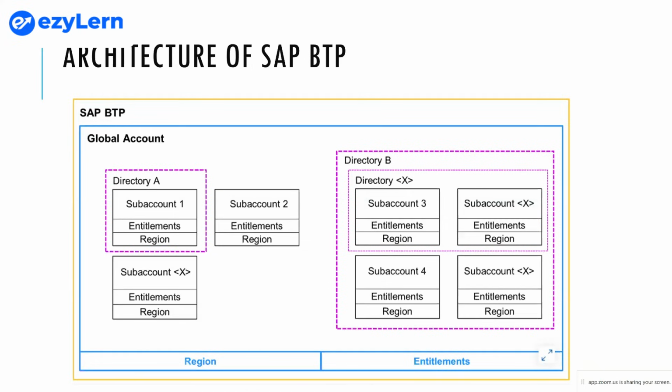For example, as we were talking about food as a directory, in that I want to use only finance and HR related stuff in Nestle. And for the frozen food related stuff, I want to use AI and other services, like there is SAP AI. Those services are in another entitlement, and the region is the same, as in India.